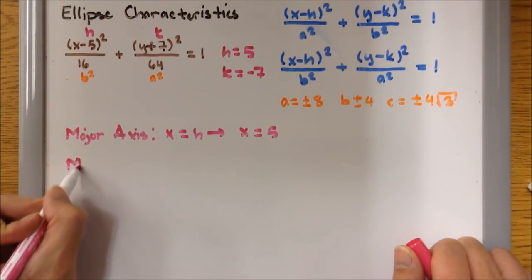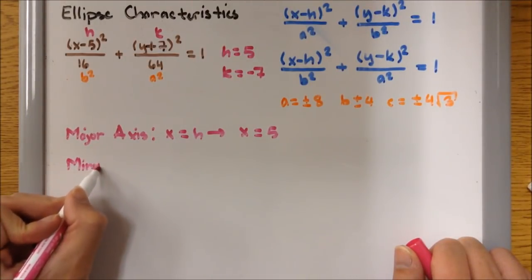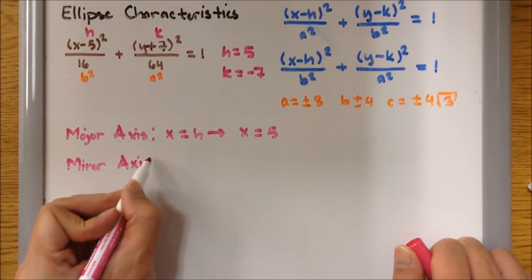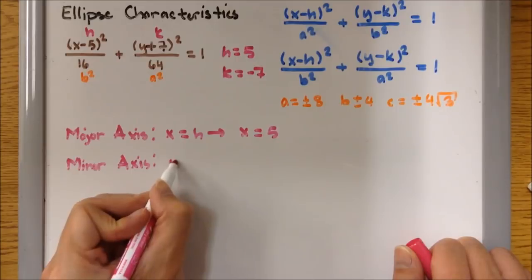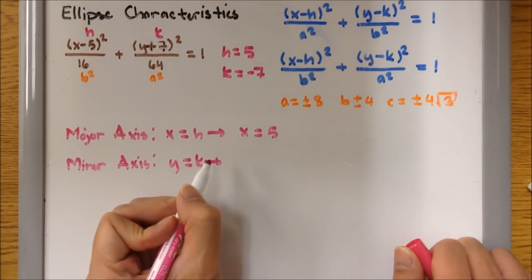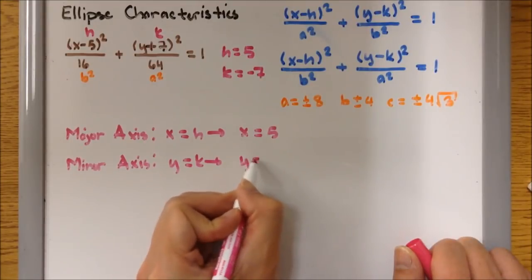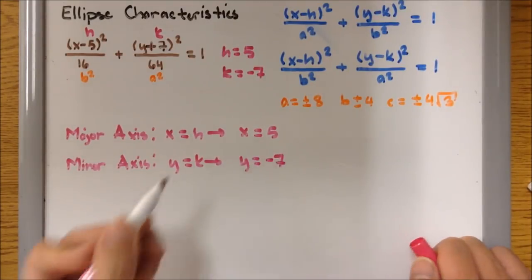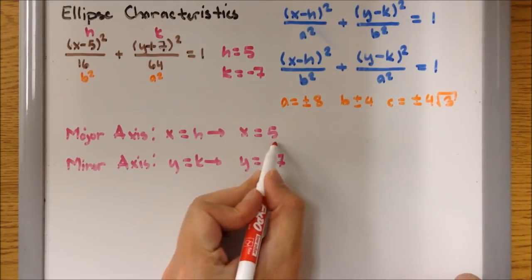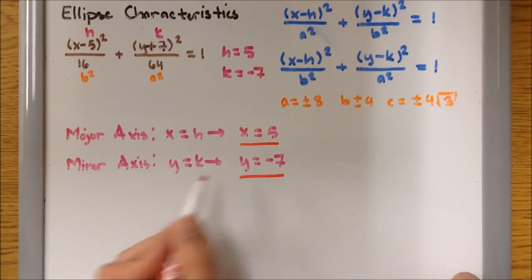Our minor axis will be y equal to k, so then our answer will be y equals negative 7. So that would be your final answer for major axis and minor axis.